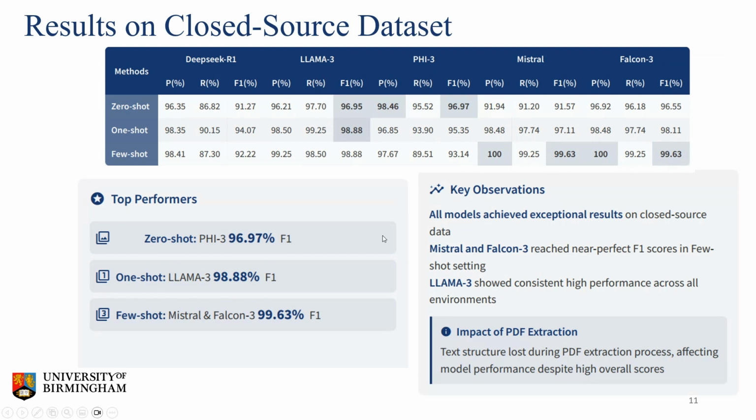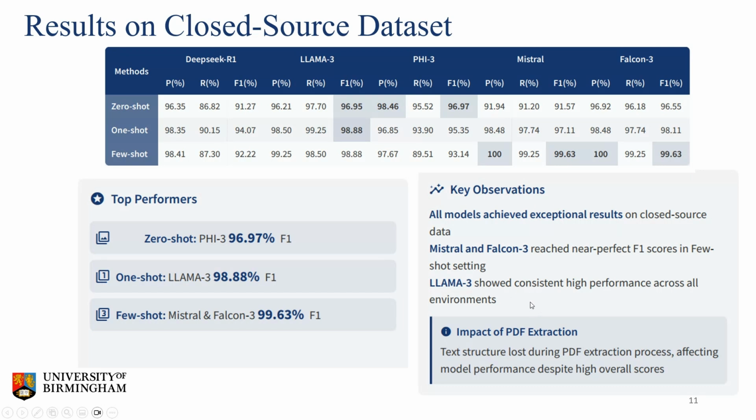Similarly, these are the results that we have achieved on the closed source dataset. As a result, Phi 3 achieved almost 97% F1 score in zero shot, and Llama 3 achieved 98% in the one shot environment, and Mistral and Falcon achieved a similar F1 score of 99% in few shot learning. These entities were available in the form of tables, which is highly complex.